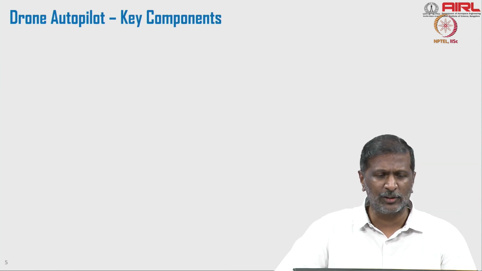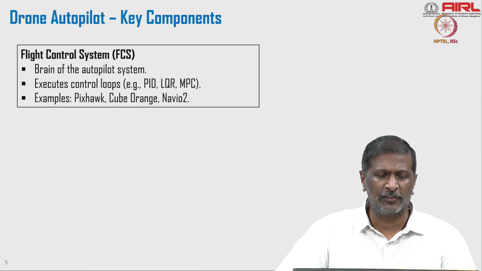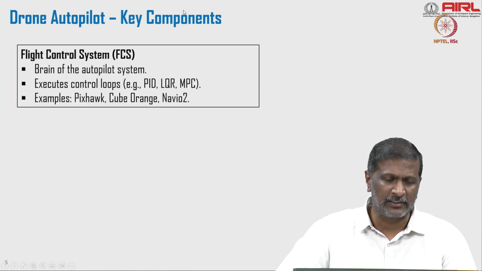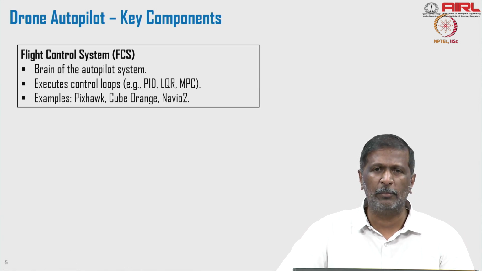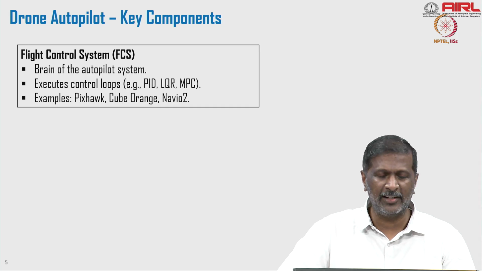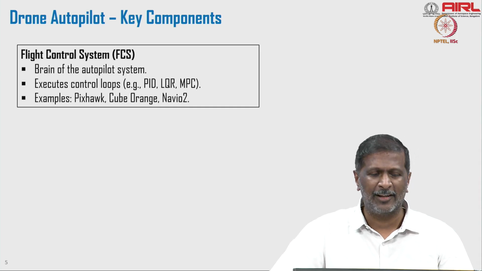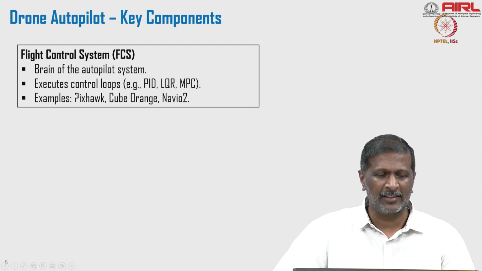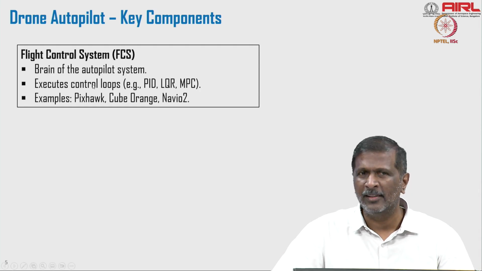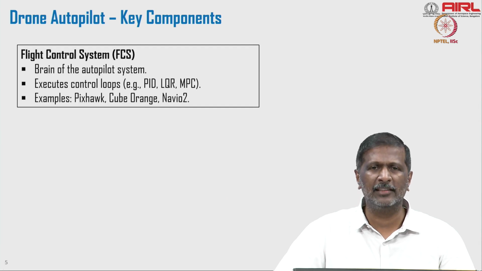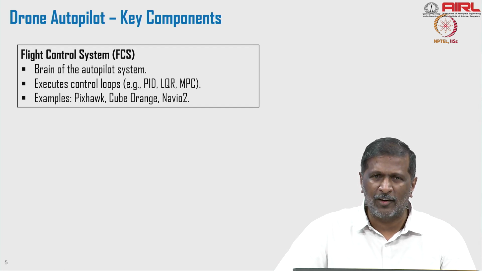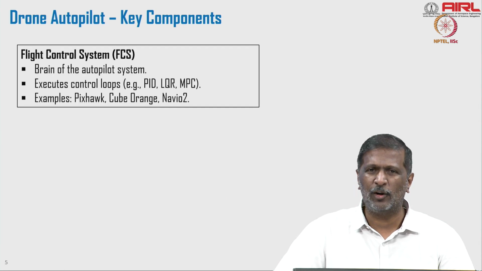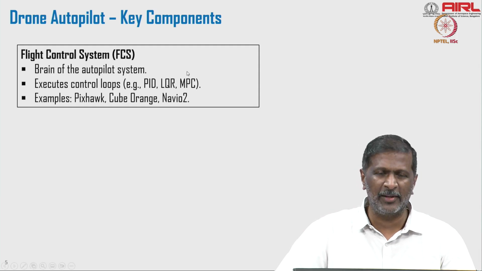Now, let's look at certain components of the whole thing. The flight control system is a very core component of the autopilot. It's basically the brain of the drone, okay? It's going to perform some control loops, basically to stabilize the vehicle, follow the speed command, follow the altitude command, follow the position command, or follow the trajectory, right?